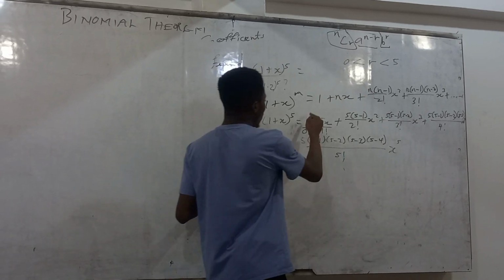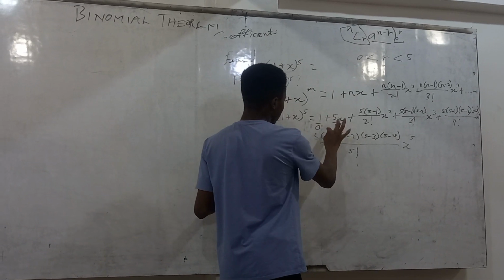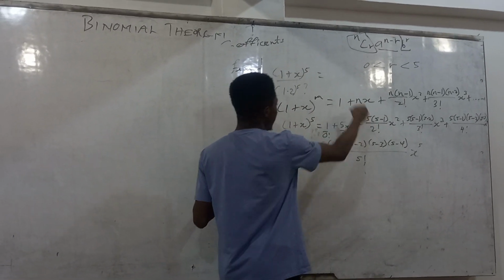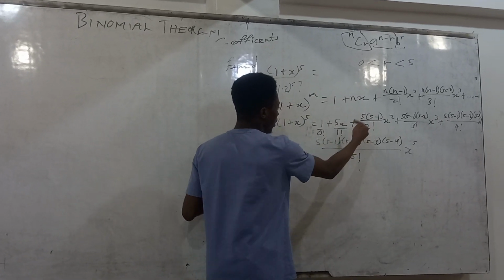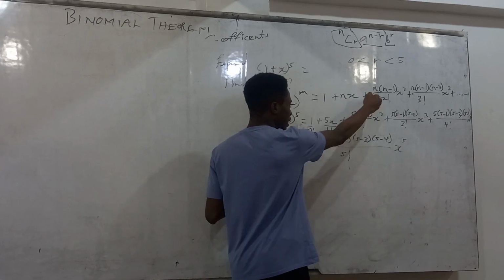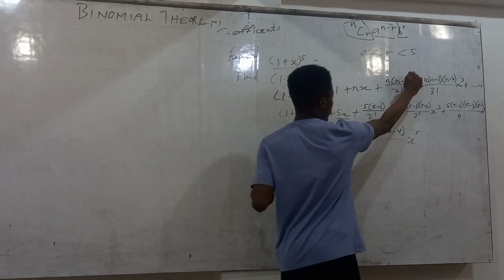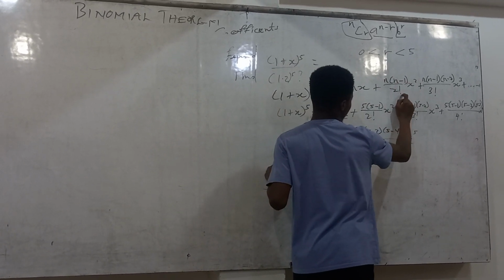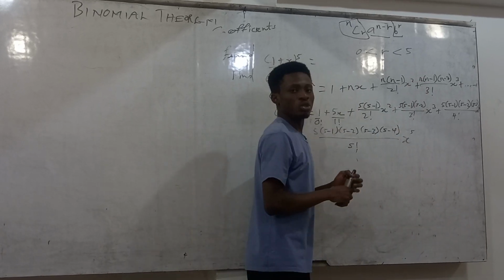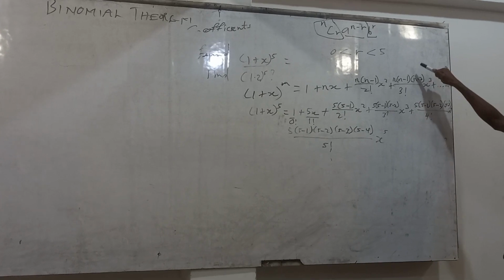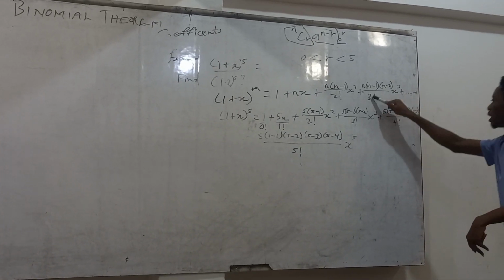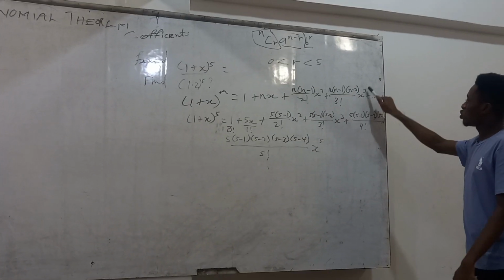So it started with 1. And the next term is n times x. The third term becomes n into bracket n minus 1 divided by 2 factorial x to the power 2. The fourth term becomes n into bracket n minus 1, n minus 2, 3 factorial x to the power 3.